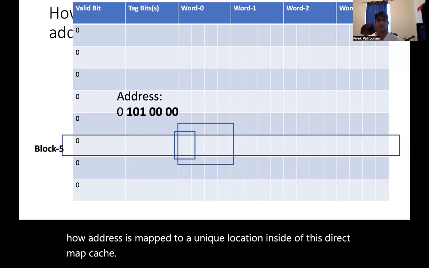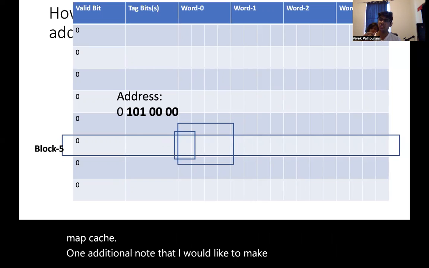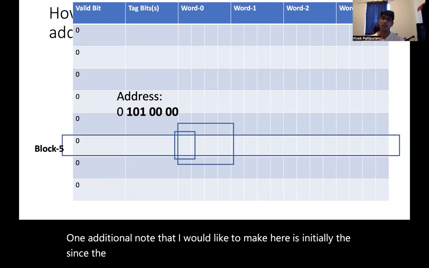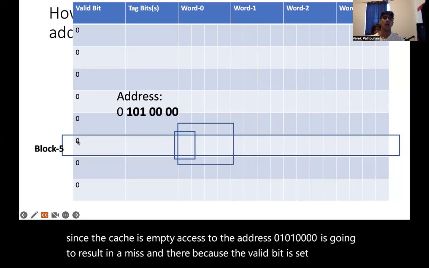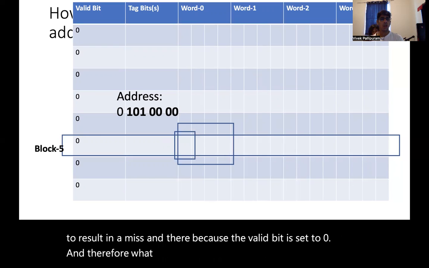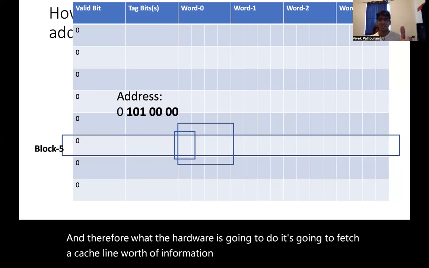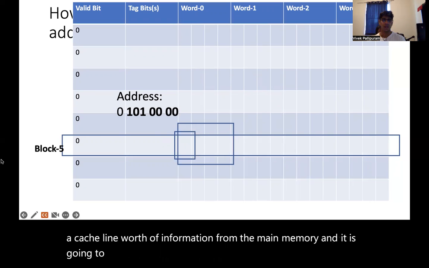One additional note that I would like to make here is that initially, since the cache is empty, access to the address 01010000 is going to result in a miss, because the valid bit is set to 0. And therefore, the hardware is going to fetch a cache line worth of information from the main memory, and it is going to stick it in right here, and it will change this valid bit to 1.